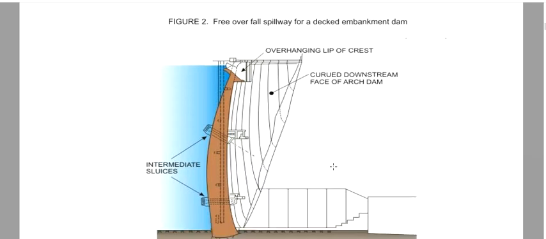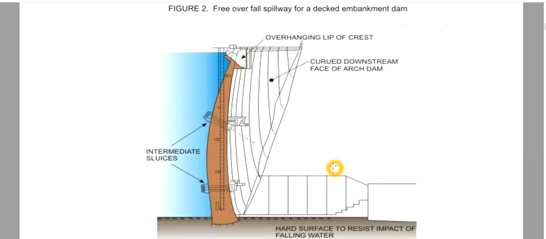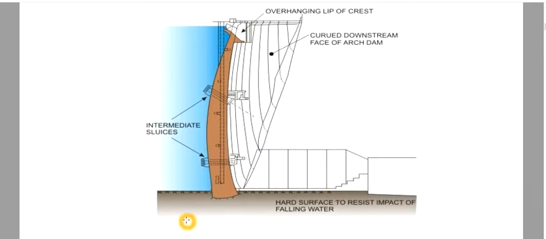So you have to draw this diagram in your notebook. This particular part is the overhanging lip of crest. These are intermediate sluices, and these are curved downstream face of arch dam. And here on the downstream side, when water spills over the spillway, this is the hard surface to resist impact of falling water.